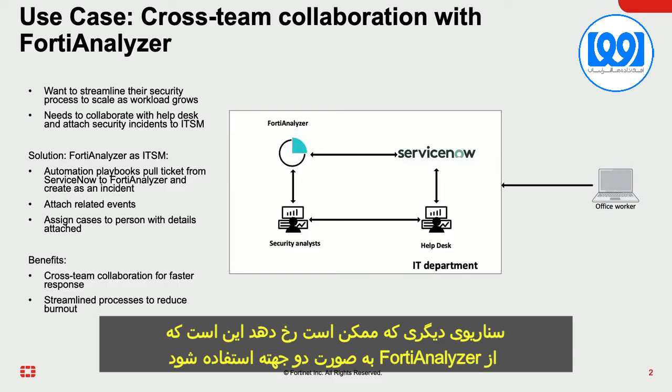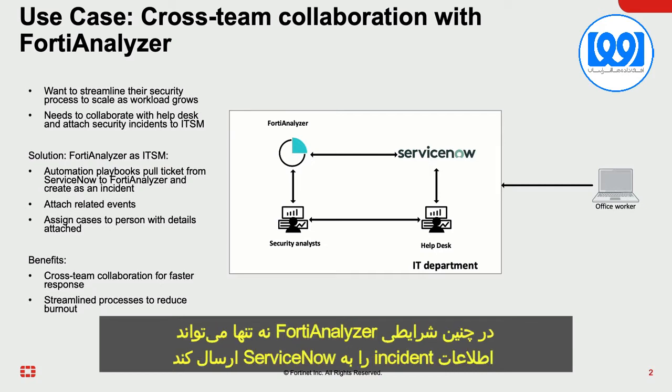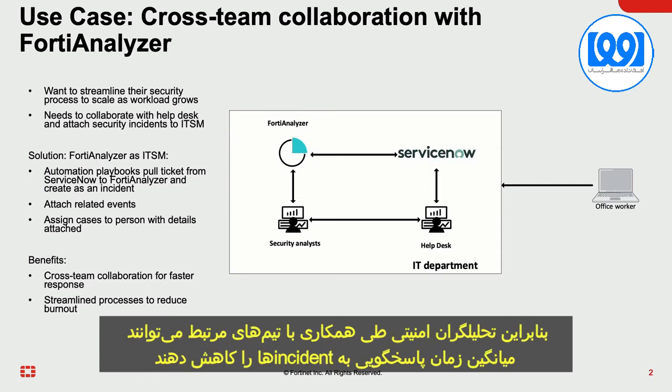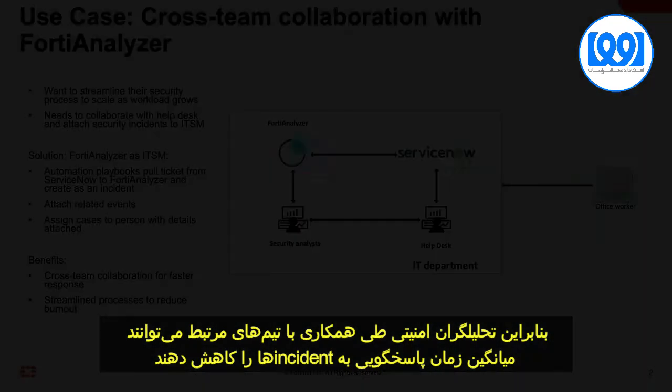Alternatively, another scenario that can occur is FortiAnalyzer being used bidirectionally, where not only would it be able to send incident information to ServiceNow, but pull changes from ServiceNow tickets to be populated in FortiAnalyzer for real-time sync, so security analysts can work with related teams to reduce mean time to respond to incidents.